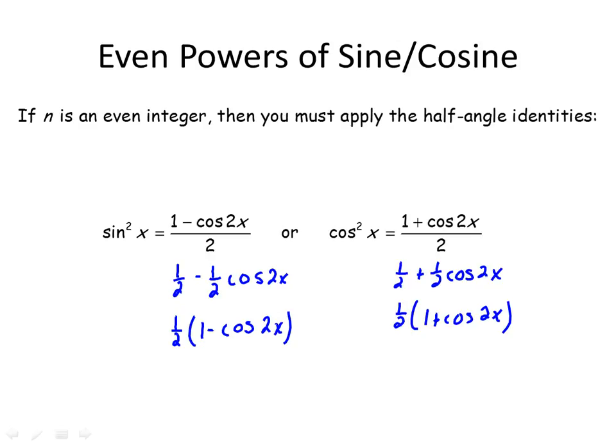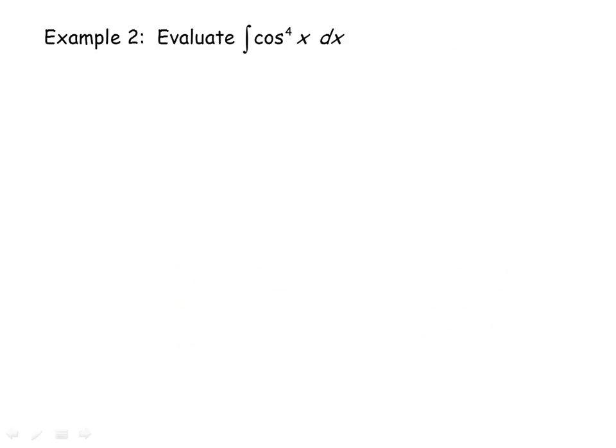Okay, so let's look at this one. If you have cosine to the 4th of x, what we can do here is make this into the integral of cosine squared x, squared.